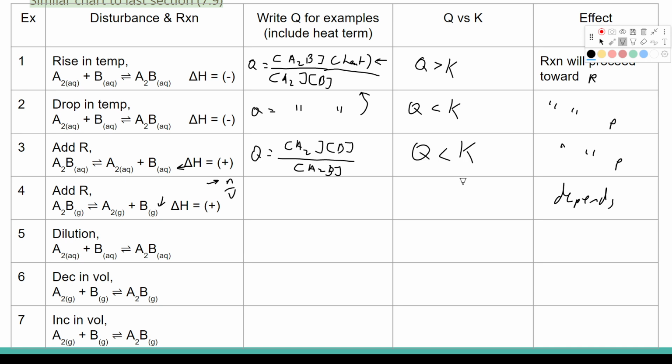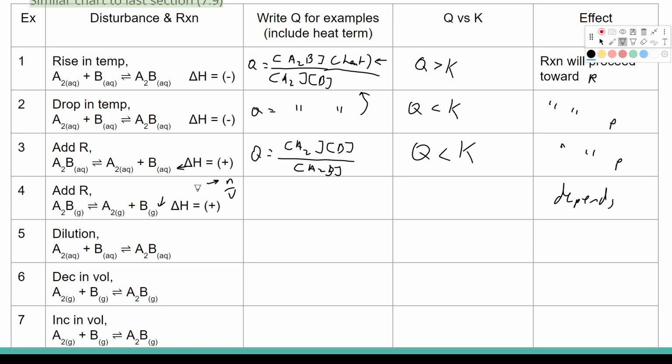You still look at Q, but you need to think about it in terms of n divided by V and not just a number. So you're not just inputting a molarity. You actually have to think about whether the volume is constant or not, because that changes the molarity of everybody if the volume is indeed changing when adding the reactant. And so you actually would need more information in order to do 4 in general.